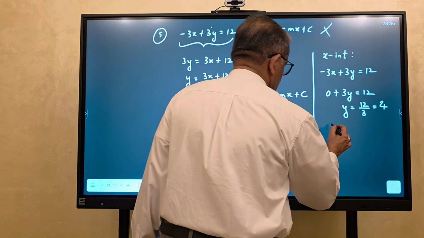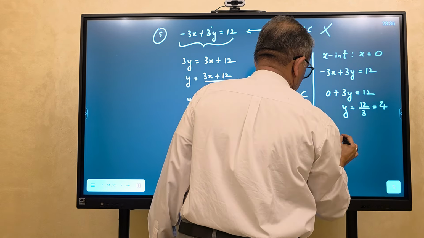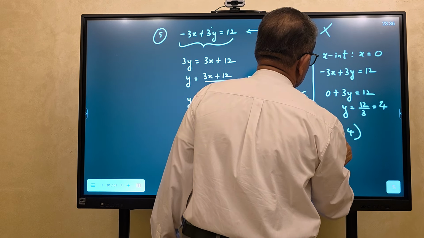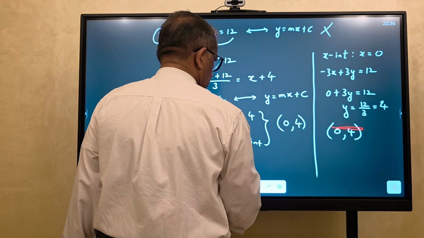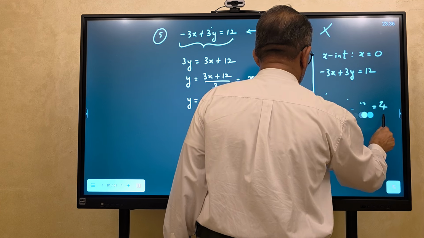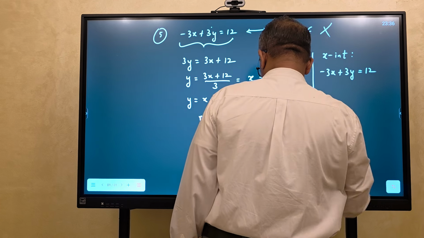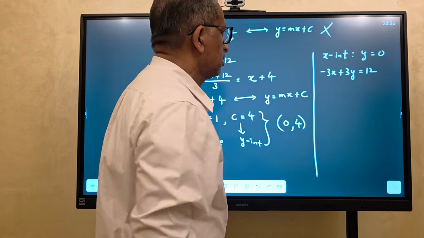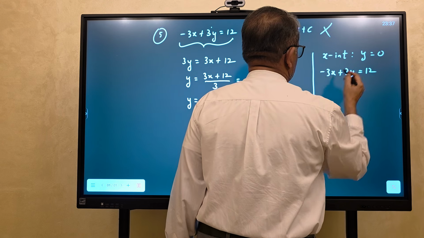So what is your x-intercept? Here I put x is equal to 0. Sorry, here I put not x equal to 0. Here I put y equal to 0, right? Because here I put x equal to 0 and here we put y equal to 0.